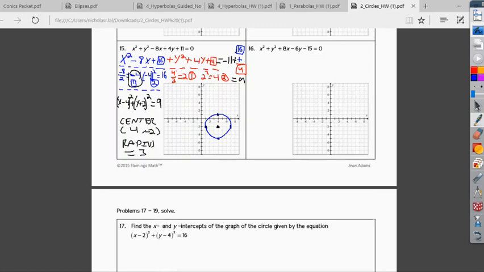All right, 16. X squared plus 8x plus r, complete the square term, plus y squared minus 6y plus r, complete the square term, is equal to positive 15.